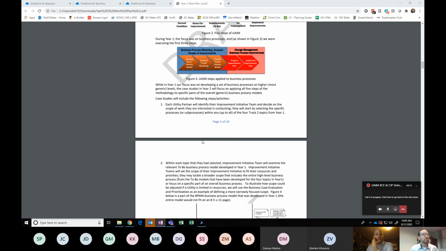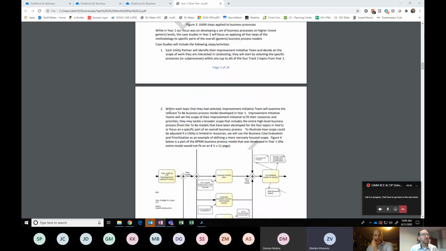The other thing I wanted to highlight is that within each topic we've selected, each of us from each of our utilities is going to form an improvement initiative team. Okay.